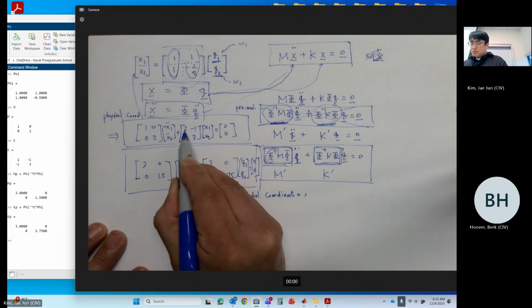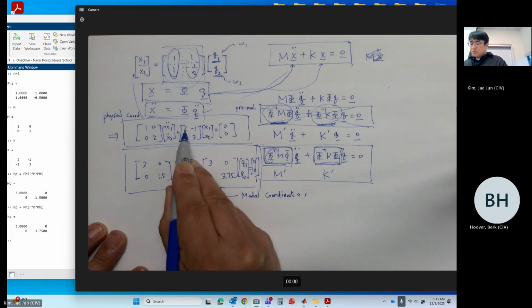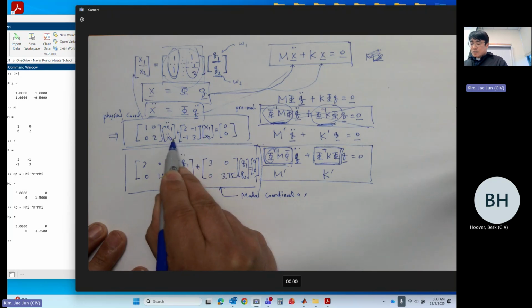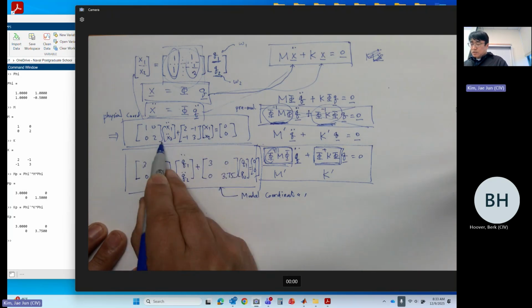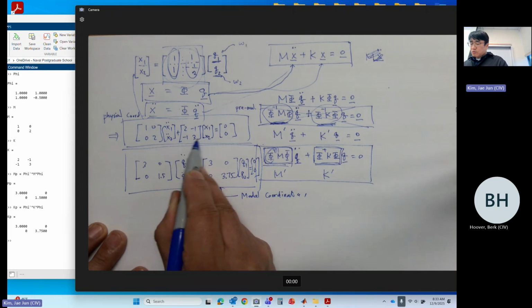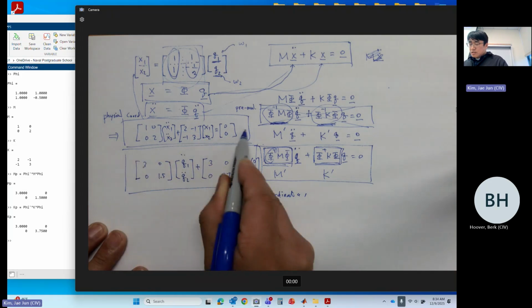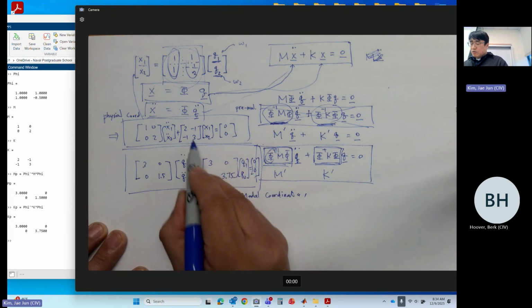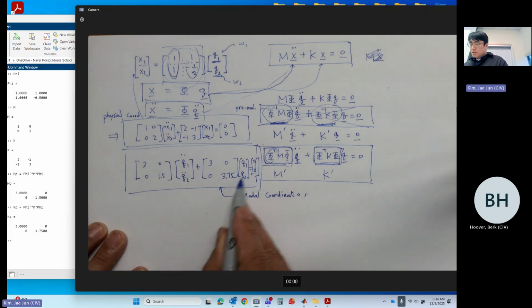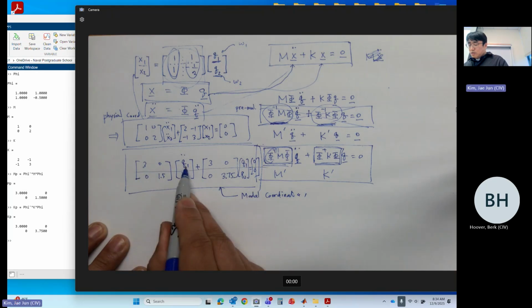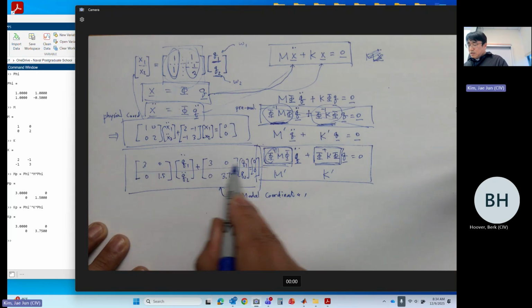You have x1 and x2 in the first equation. The second equation also has minus x1, 3x2. So it's coupled equations.